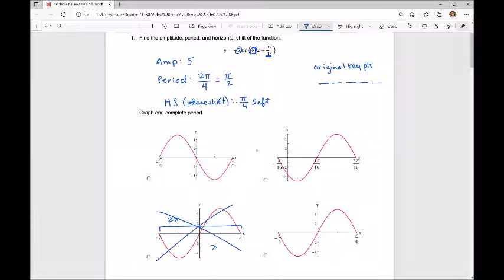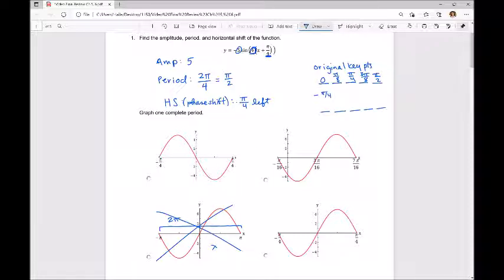Originally, since our period has length pi over 2, we would go from 0 to pi over 2, and then we fill in those equidistant points in the middle. So between 0 and pi over 2, we would have pi over 8, pi over 4, and then 3 pi over 8. Okay, so if we're going to shift all of these points pi over 4 to the left, that means we're going to subtract pi over 4 from each of these.